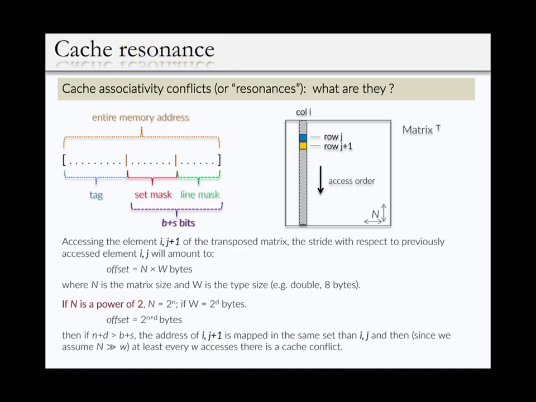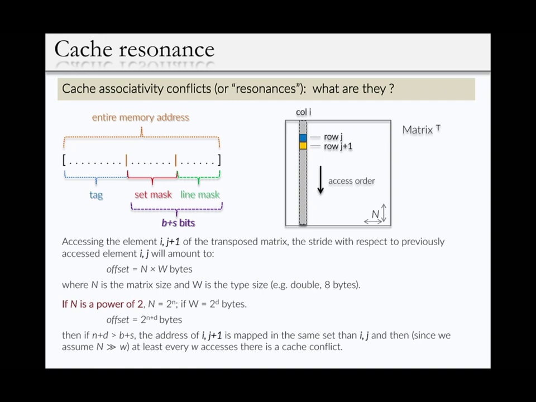So what happens? Let's say that you are accessing your matrix. Now you are transposing. So you access the matrix on this side like this, for instance, and on this side like this. Let's say that you are writing these two locations here.